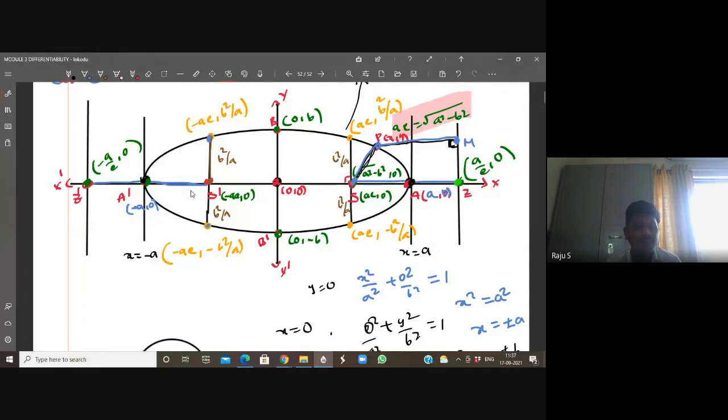These are the equations of the tangents at the vertices, TV. So if I draw the tangent, what is the equation of the tangent? X is equal to a is the equation of this line, and x is equal to minus a. This is the equation of the TV.